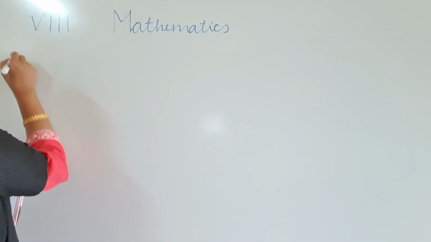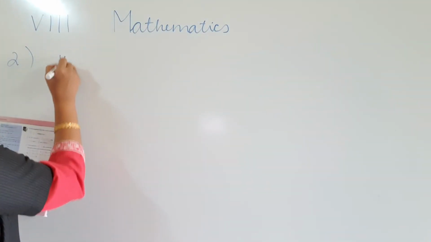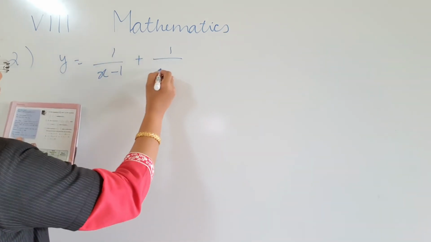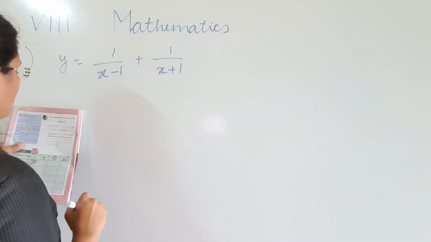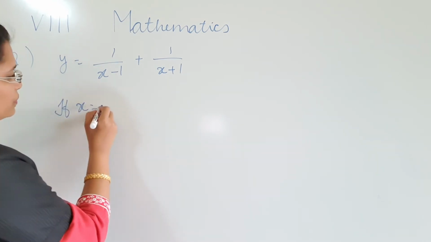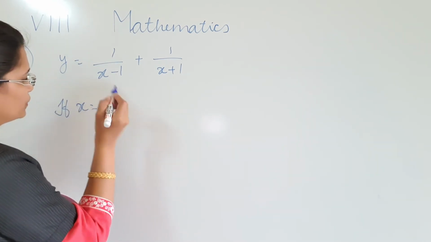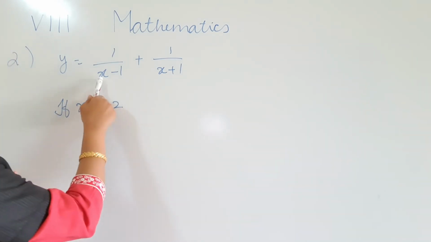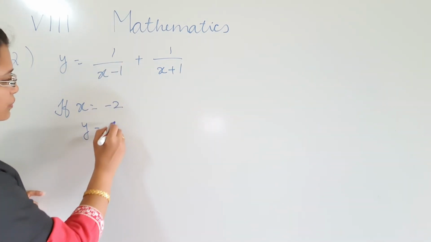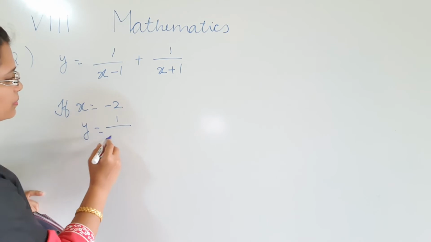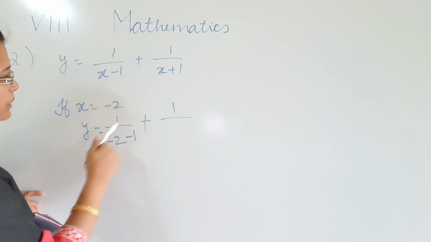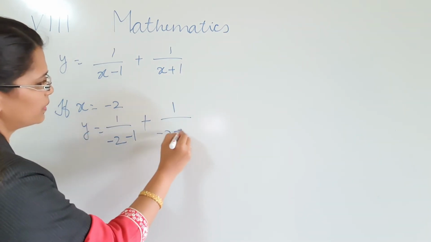So, here in the second question, y is equal to 1 by x minus 1 plus 1 by x plus 1. Take x equal to minus 2. Substitute the value of minus 2 here and here. Y is equal to 1 divided by x minus 1, that is minus 2 minus 1, plus 1 divided by x plus 1, that is minus 2 plus 1.